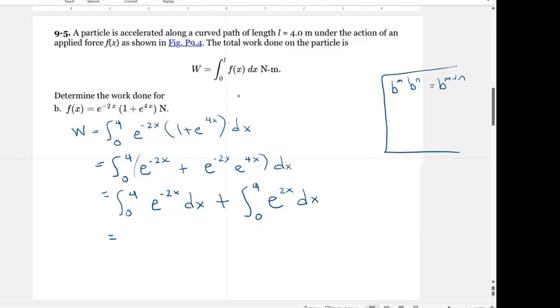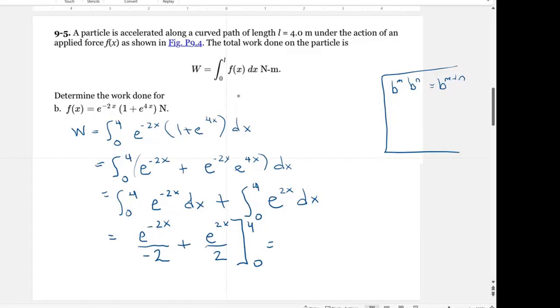You can look on your formula sheet, and the integral of this is e to the minus 2x divided by minus 2, plus e to the 2x divided by 2. And I'm going to evaluate both of them together from 0 to 4.